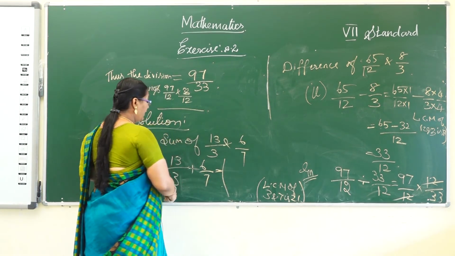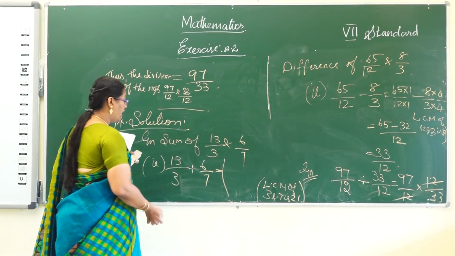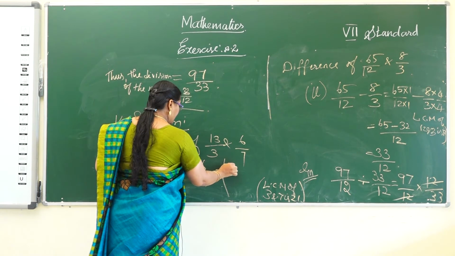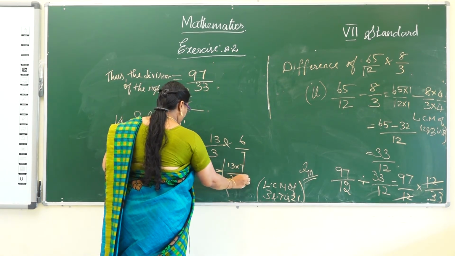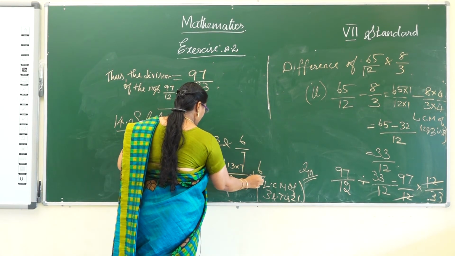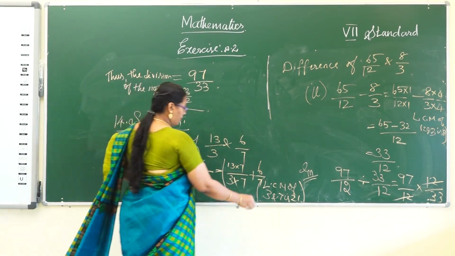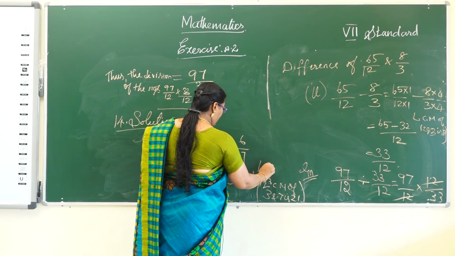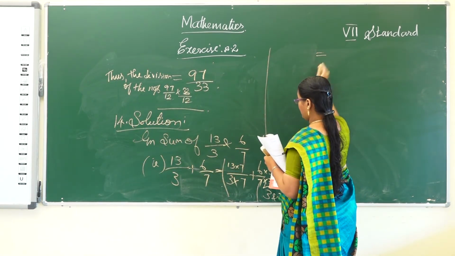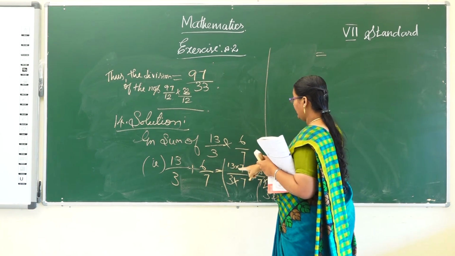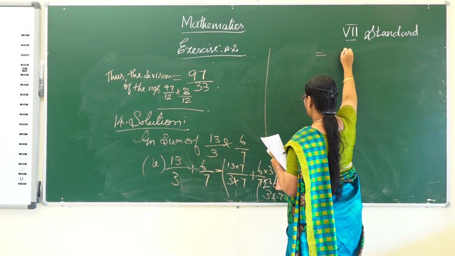Here, which number multiplies the denominator to give 21? 7. So that number also multiplies the numerator. So 13 into 7 plus here 6 by 7. Which number multiplies the denominator? 3. That same number multiplies the numerator also. Multiply the numerators. 13 7s are 91, 7 3s are 21.